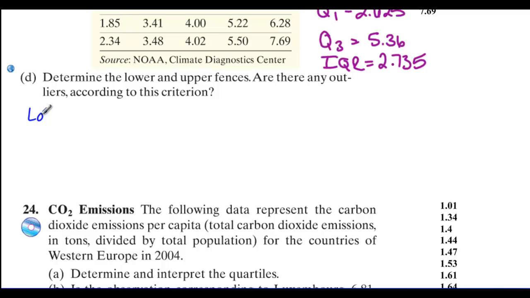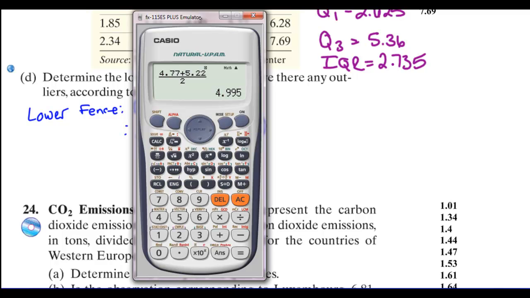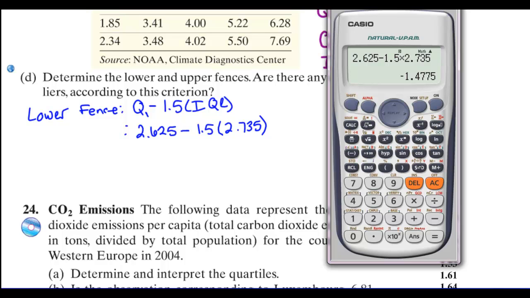To find the lower fence, we take Q1 minus 1.5 times the IQR. That's 2.625 minus 1.5 times 2.735, which gives us negative 1.4775.